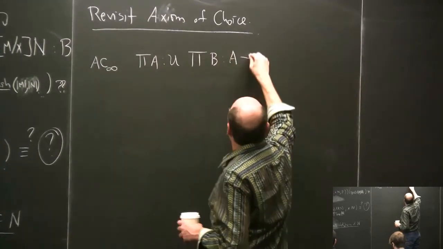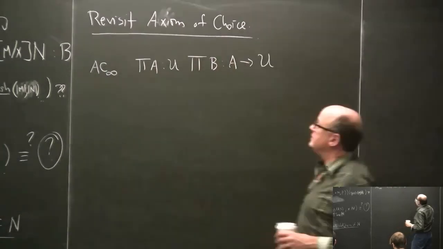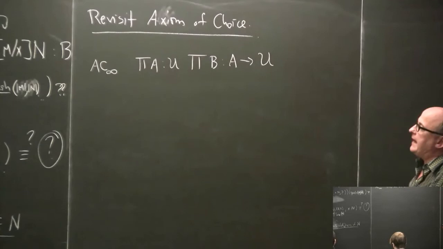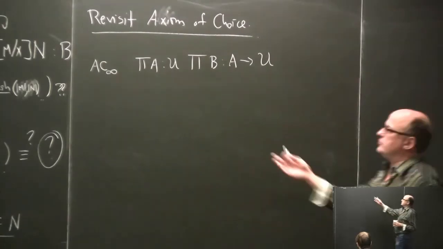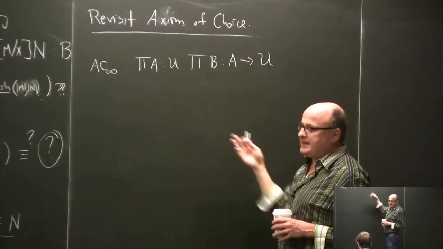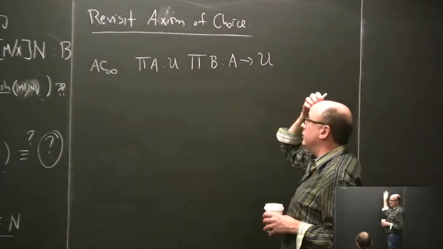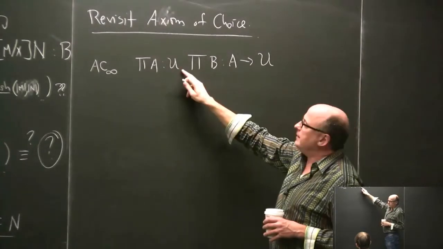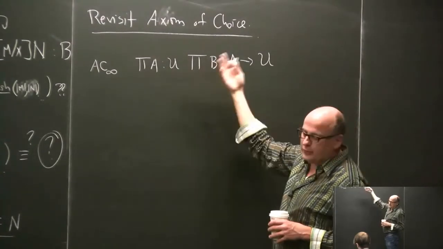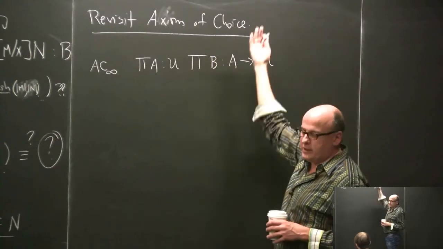The AC infinity part says I'm making no restriction on A and B. These are arbitrary types. That's the idea of writing the arrow U here.